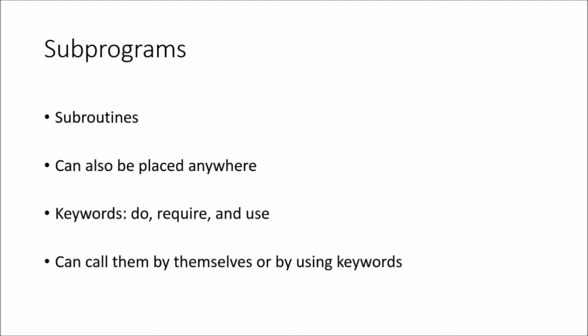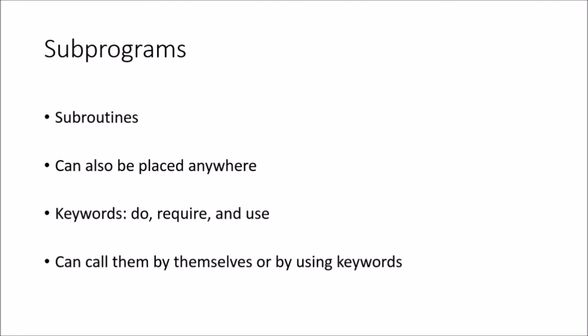Next, I'll talk about the subroutines, or the subprograms, of Perl. Like most of the highly used programming languages, Perl allows you to define your own subprograms, more commonly called subroutines. The special thing about Perl is that it allows for the subroutines to be placed anywhere throughout the program.